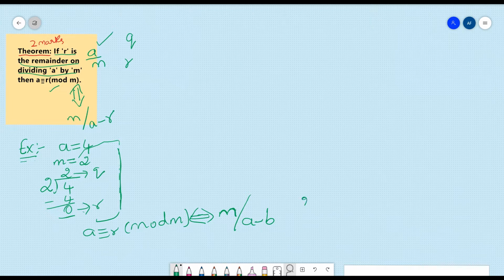M is 2. What is the value of A? A is 4. Again I have written B here, sorry. It is R.